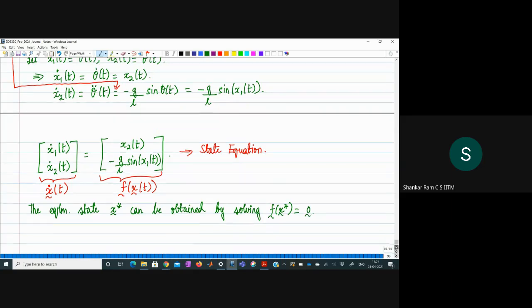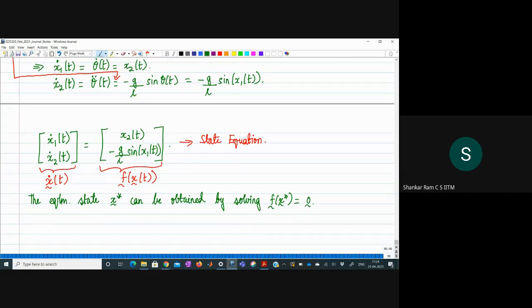Okay, so that's what happens. All right, so what do we have? We essentially solve this equation. f of x star is x2 star, and then minus g by L sine x1 star, equal to 0 and 0.